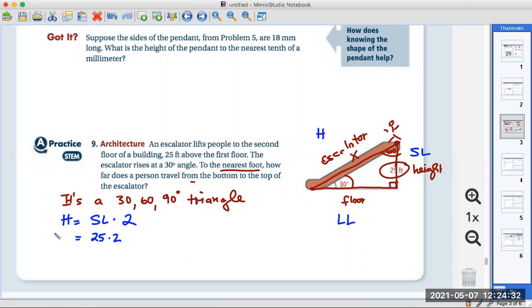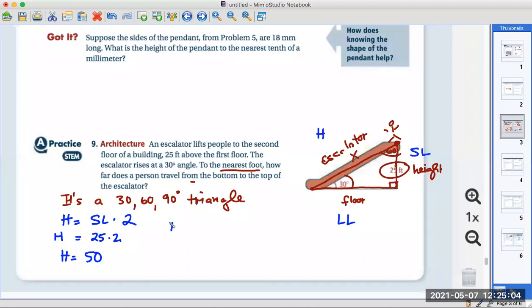So the hypotenuse is 25 times 2, 50. I don't know why they say round to the nearest foot, because 50 is a whole number. Usually they say it if you have a radical. I hope I did that right, but it just makes sense. The hypotenuse is the short leg times 2. I think they were expecting a radical.